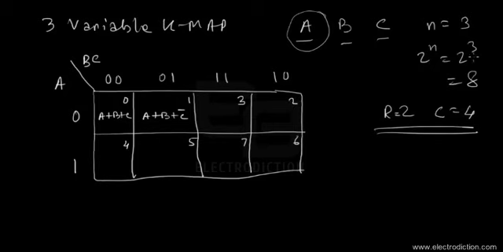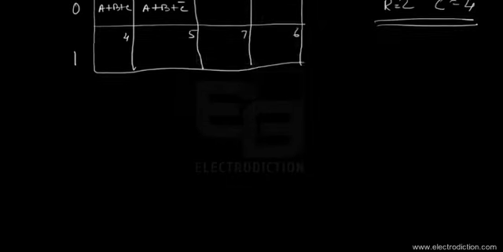Okay, other than that, we can also have a 4-variable K-map, which I'm going to show you over here. You should always keep in mind that a K-map can be extended to a maximum of 6 variables. You cannot extend a K-map beyond 6 variables.